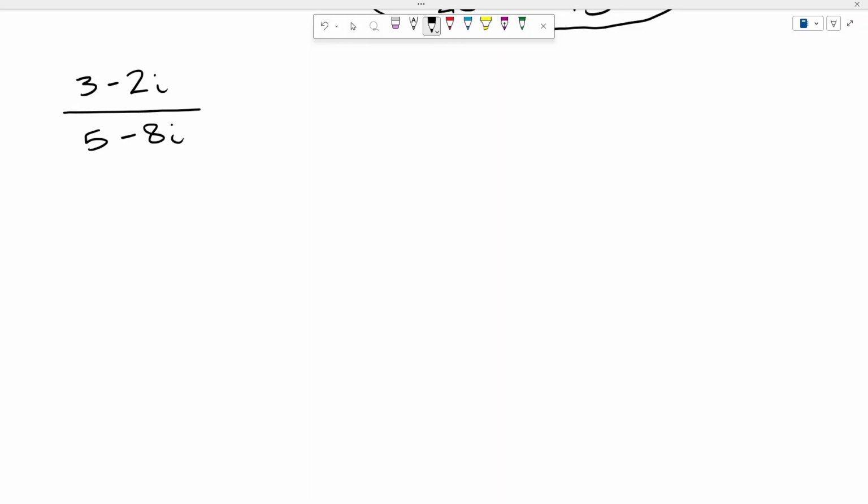All right, so we're dividing complex numbers once again. So times the complex conjugate of the denominator, which would be 5, and now minus becomes plus 8i, and same thing on the top.